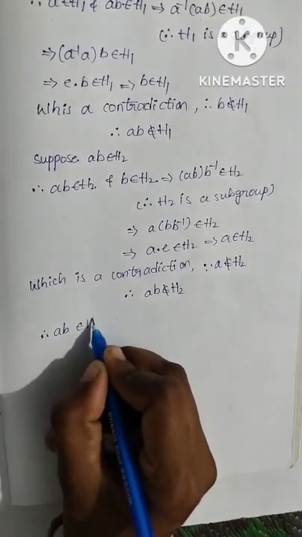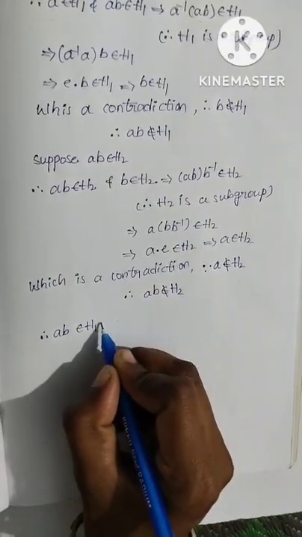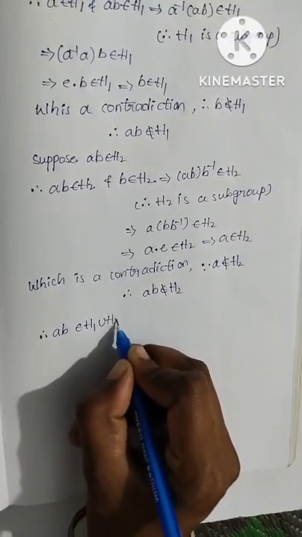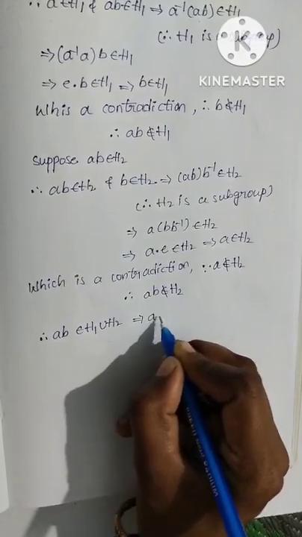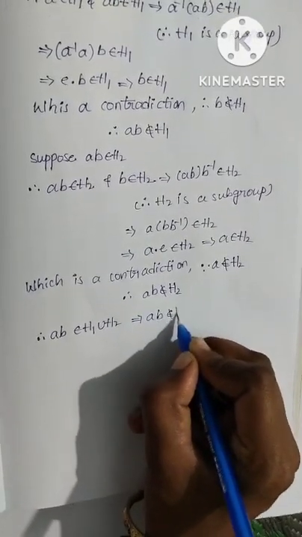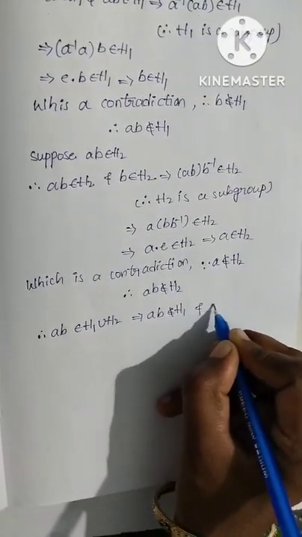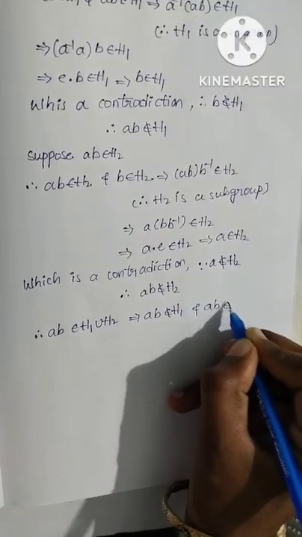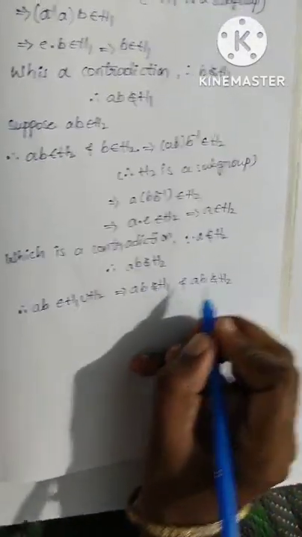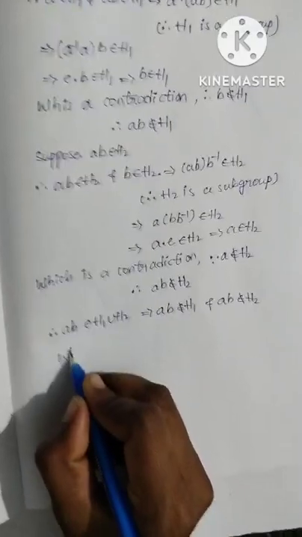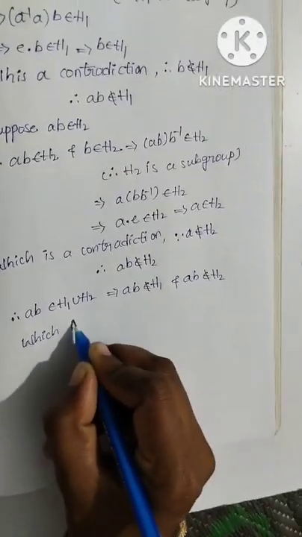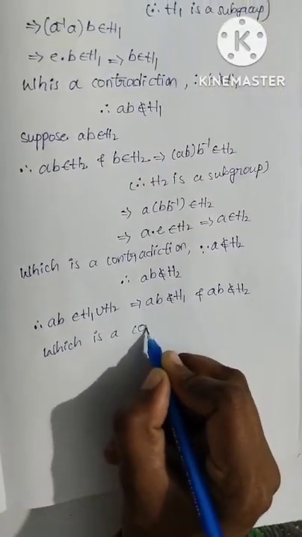AB belongs to H1 union H2, but AB does not belong to H1 and AB does not belong to H2, which is a contradiction.